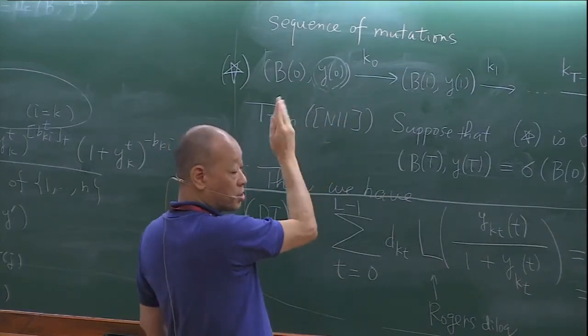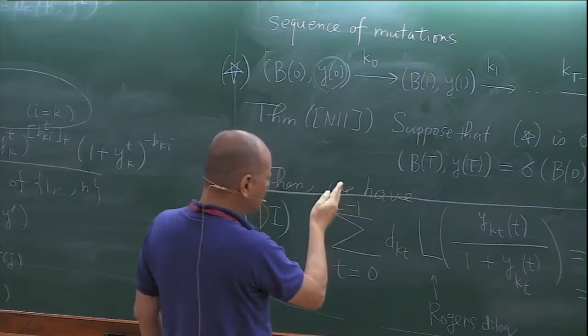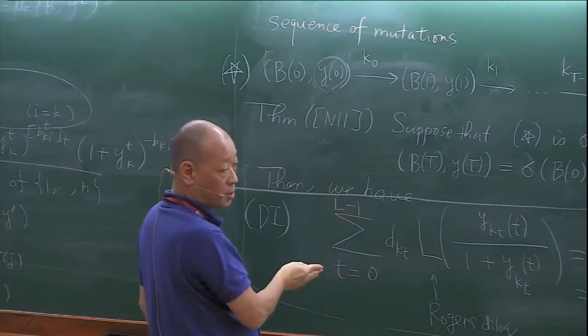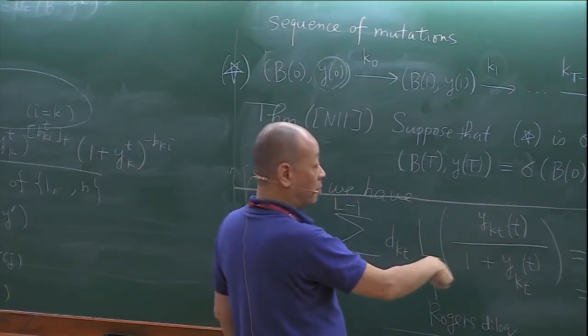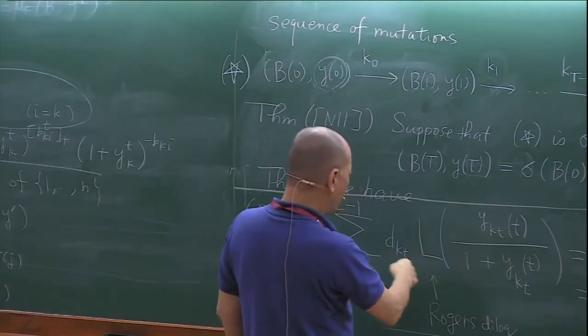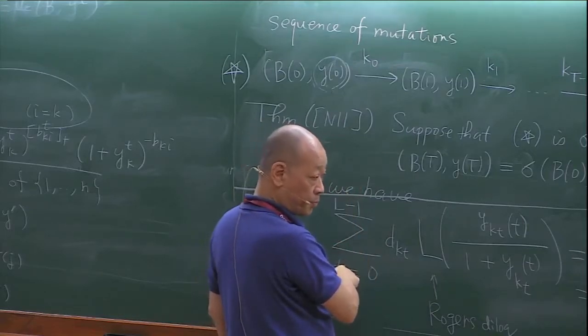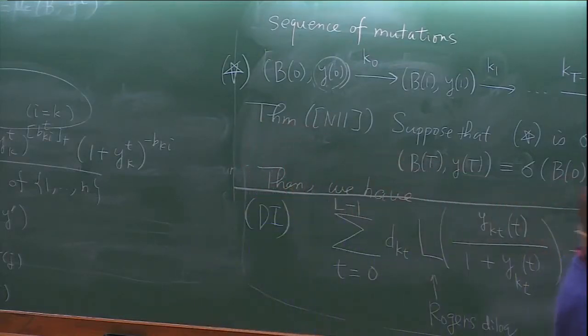So they share the same periodicity. And then there is an associated quantum dilogarithm identity where you replace this function by, for example, the Faddeev quantum dilogarithm function, and the summation becomes a product. But I don't write its explicit form.